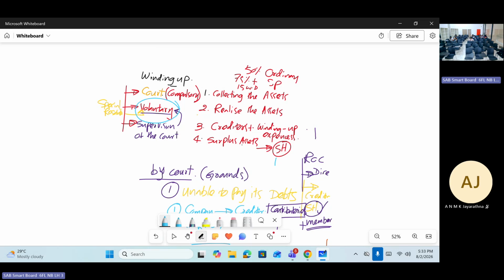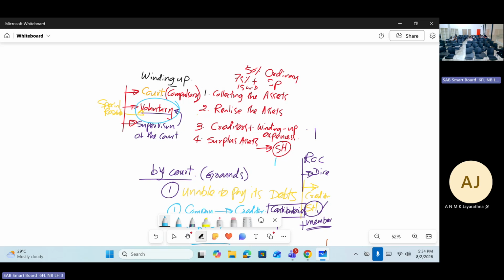The shareholders have given their consent to wind up the company. That is named as voluntary winding up. Or we can pass a special resolution that the company shall be liquidated voluntarily.